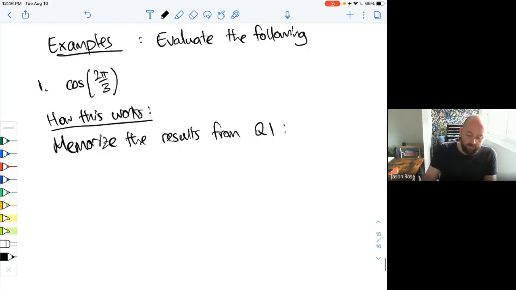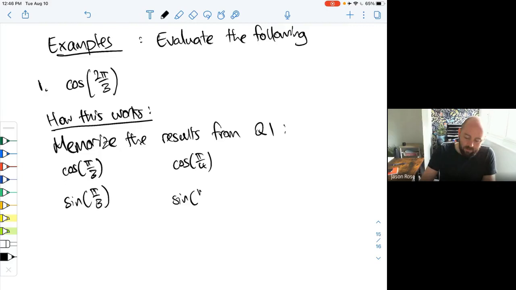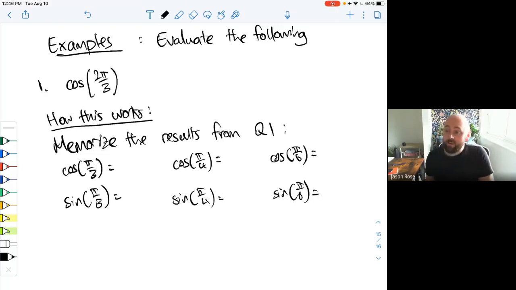That is that cosine of pi over 3, sine pi over 3, cosine pi over 4, sine pi over 4, and cosine pi over 6, and sine of pi over 6. So from whatever technique you prefer, figure out a way to do it yourself, or I'll probably end up suggesting things as we go along, but you want to have those memorized, okay?